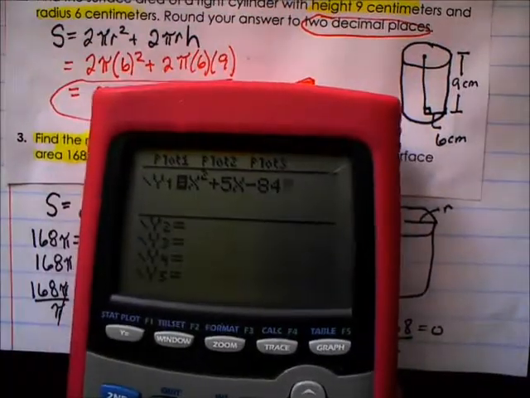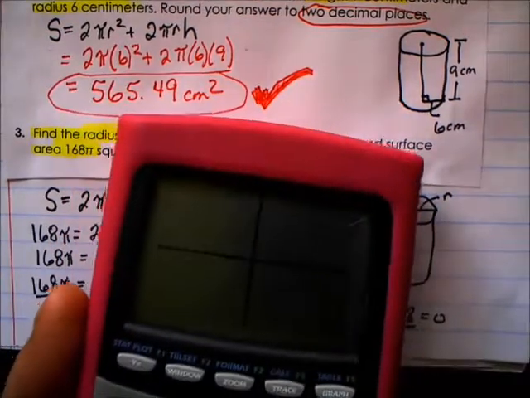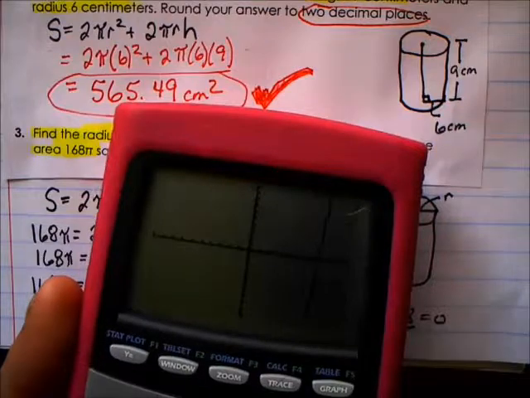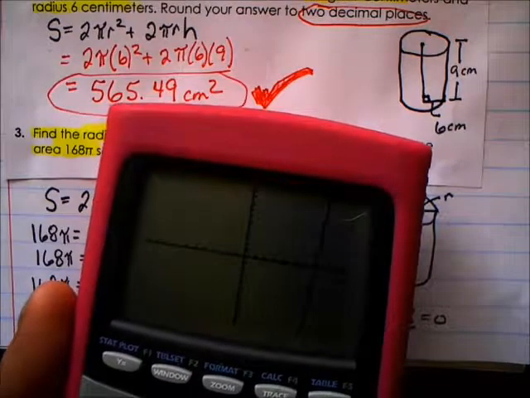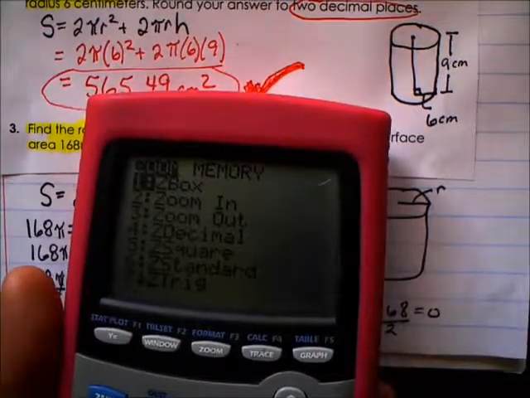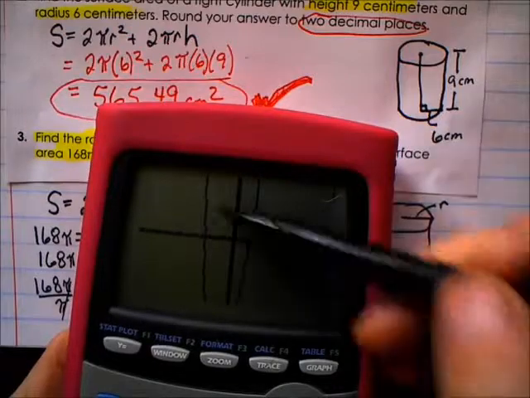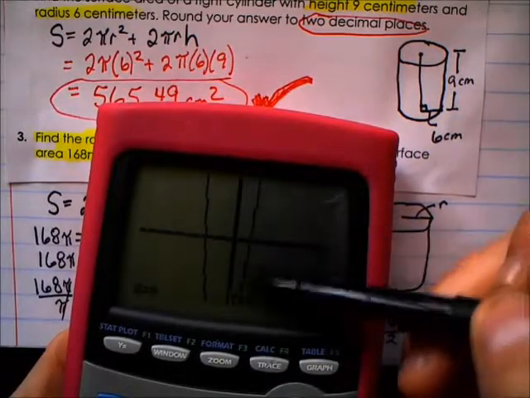Okay, so that I have this. I'm going to graph it. And I want to see what it is, so I'm going to zoom out a little bit so I can see my picture. Okay, so I can see that it's going down and coming back up.